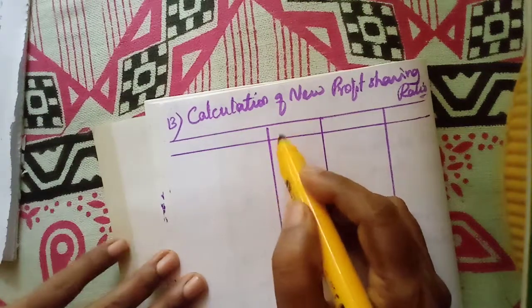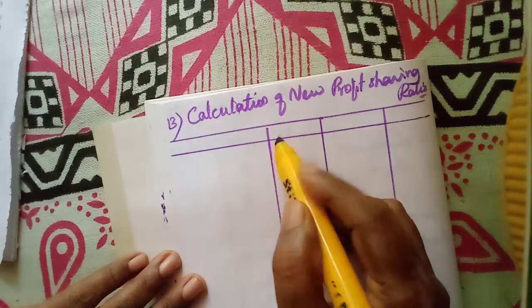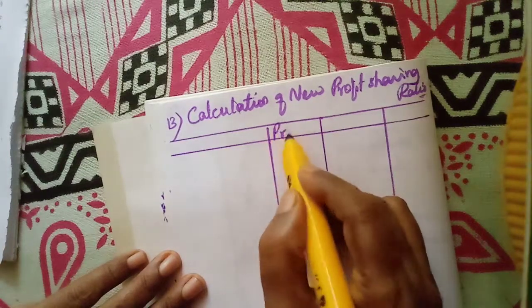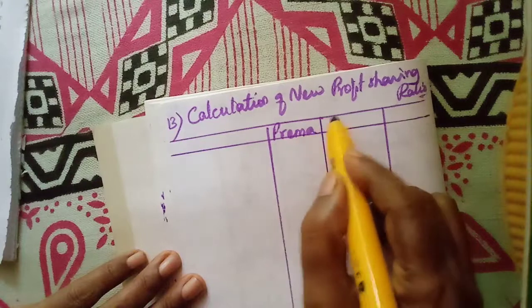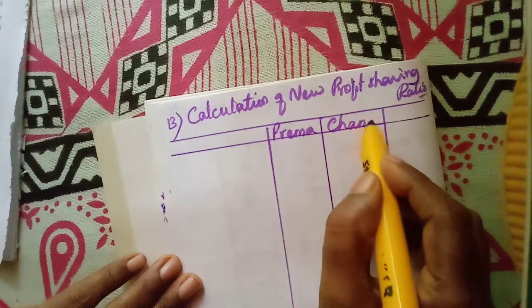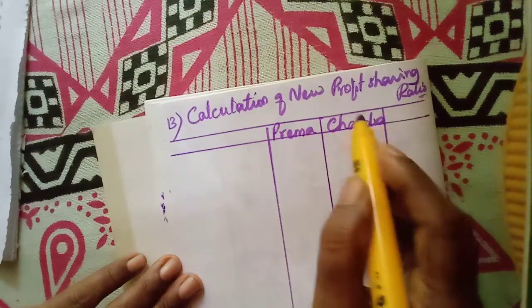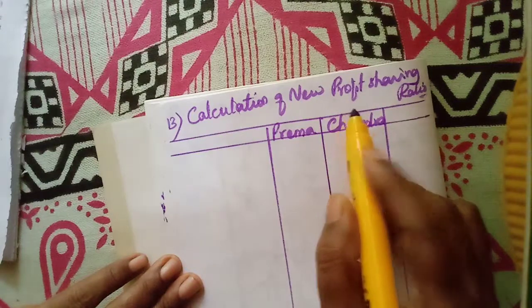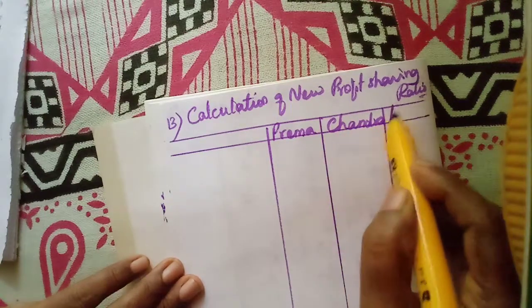Here, who are the old partners? Number 13. Prema, then Chandra, the new partner Hema.